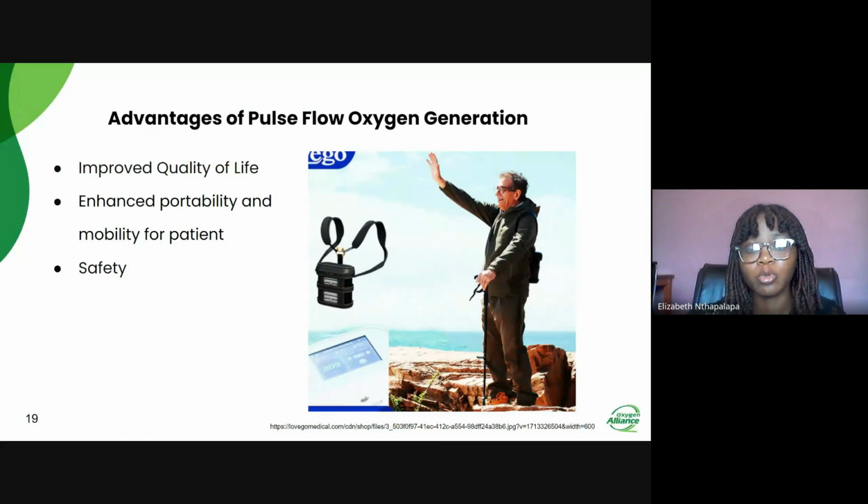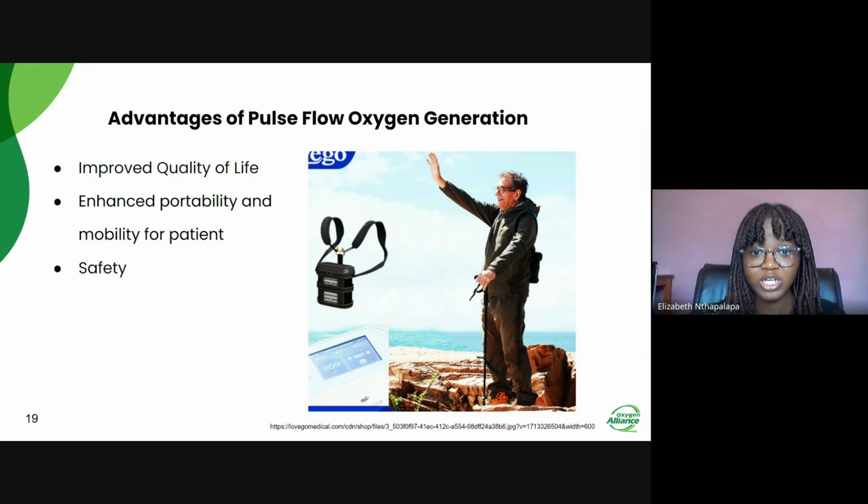So we are having an improved quality of life as one of the advantages of using personal oxygen generators. We can actually appreciate even from the picture that this old man is able to go out by the sea, enjoying his life, which is one element of improving the quality of life.